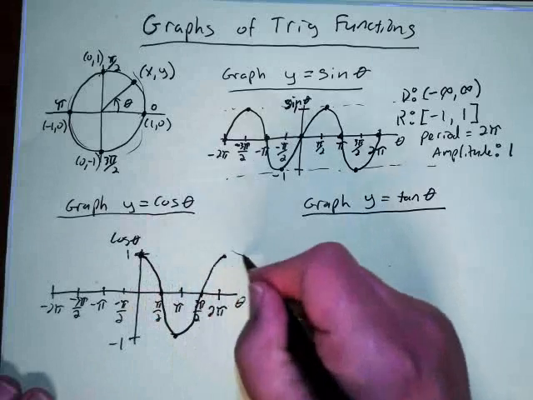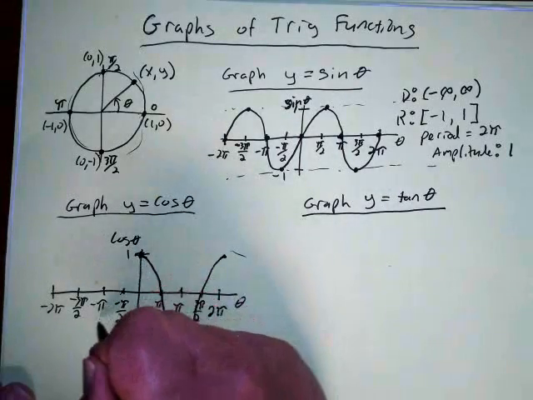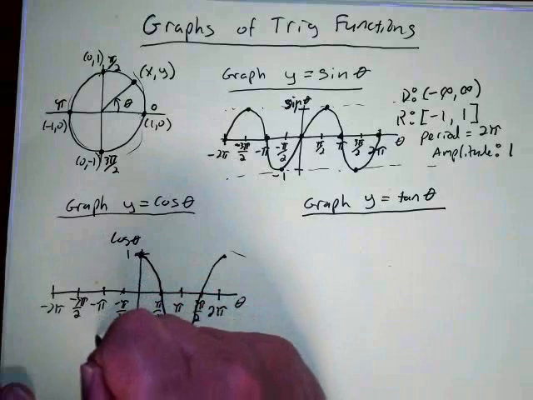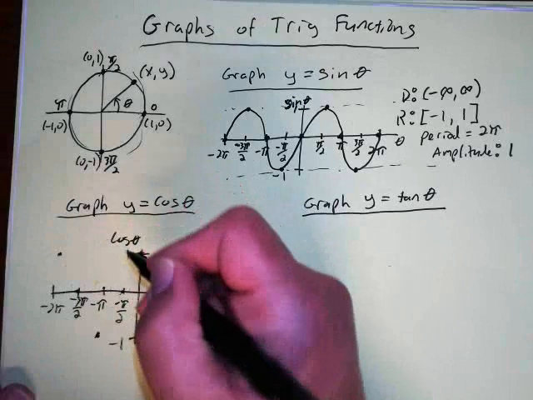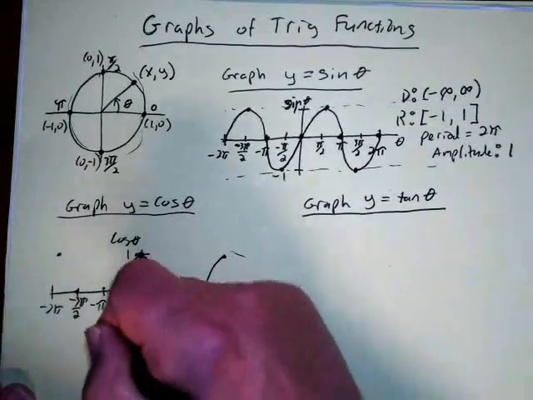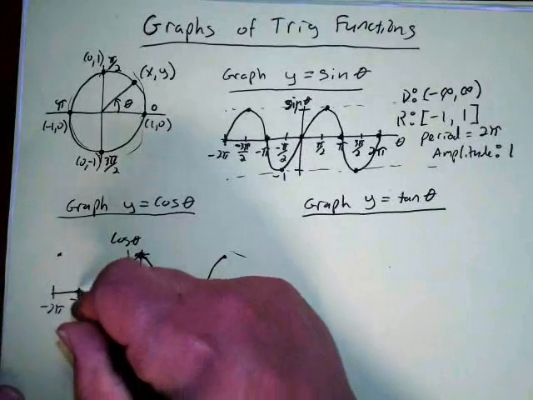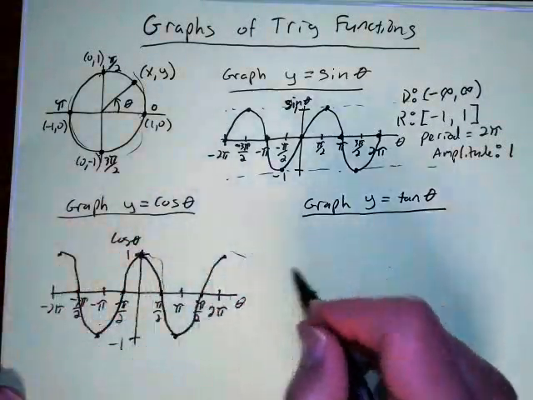Okay, so that's actually what the first cycle of cosine looks like. And then similarly, this goes to 0, down to -1, up to 0, up to 1 again. And that would be your cosine wave.